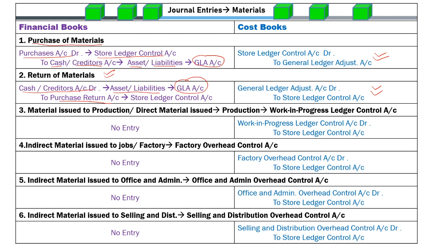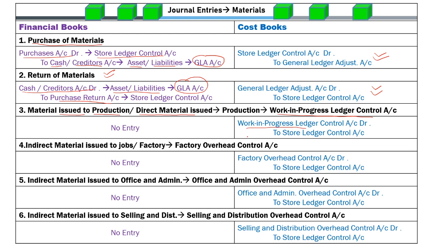Now these are the entries that are entered in finance books and the cost books. But the issue of material from the store is not entered in the financial books, it is only entered in the cost books. Where the direct material is issued to production, we use WIP ledger control account.